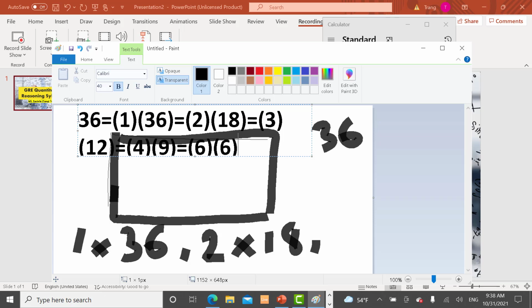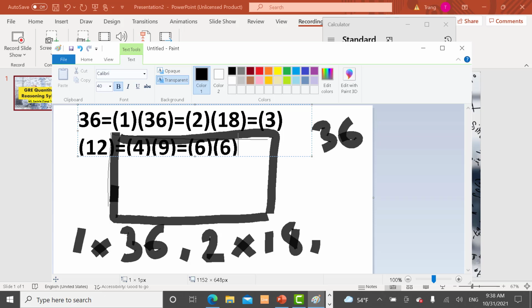You also can have 9 times 4, but they are just the same. They just turn the rectangle to a different direction. So here we have 5 pairs: 1 and 36, 2 and 18, 3 and 12, 4 and 9, 6 and 6.